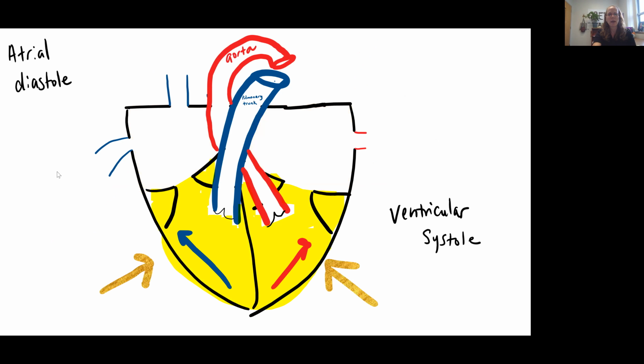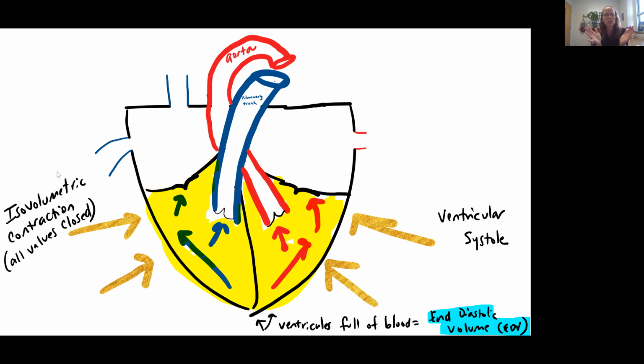Then what we see happening is the ventricles begin to contract. When this happens, that pressure starts to build, and as the blood starts to be pushed back up toward the atria, that's going to cause the closure of the right and left AV valves, the tricuspid and the bicuspid valves.